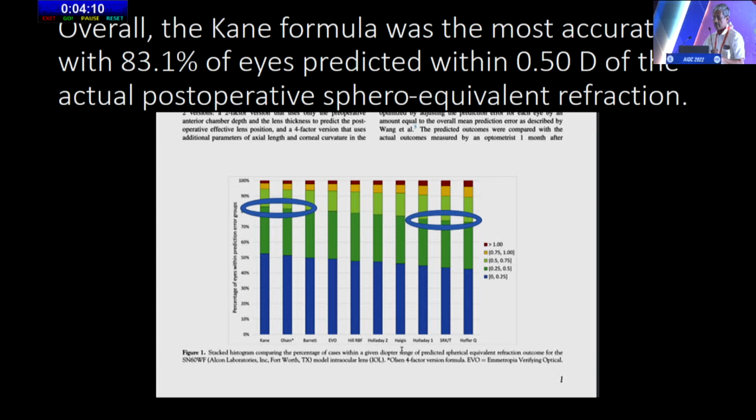The circle on the right covers Holladay, SRK/T, and Hoffer Q, the older generation of formulas. The circle on the left covers Kane, Olsen, and Barrett's U2. So you can see there is a 10 to 15% increase in accuracy with the same measurements if you just shift your formula to Barrett's Universal 2 or Kane. Olsen is still a paid formula, so most of us are not using it.